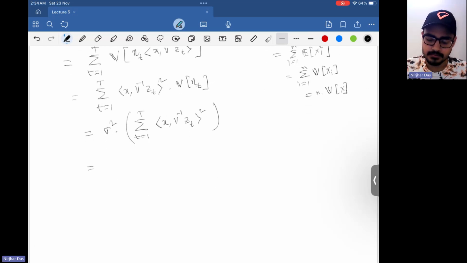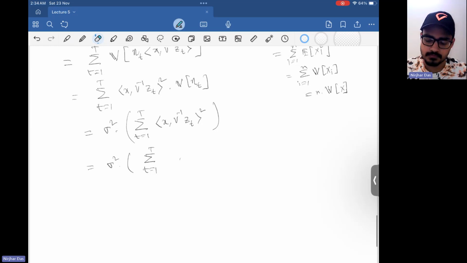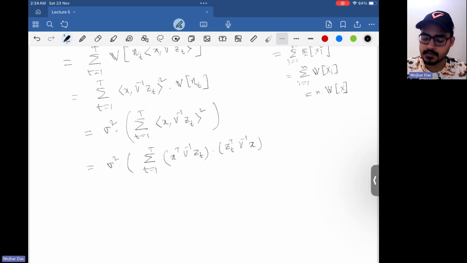Writing it the other way, in transpose form, what we have is x transpose V inverse Z t times Z t transpose V inverse x. Note that V is symmetric.